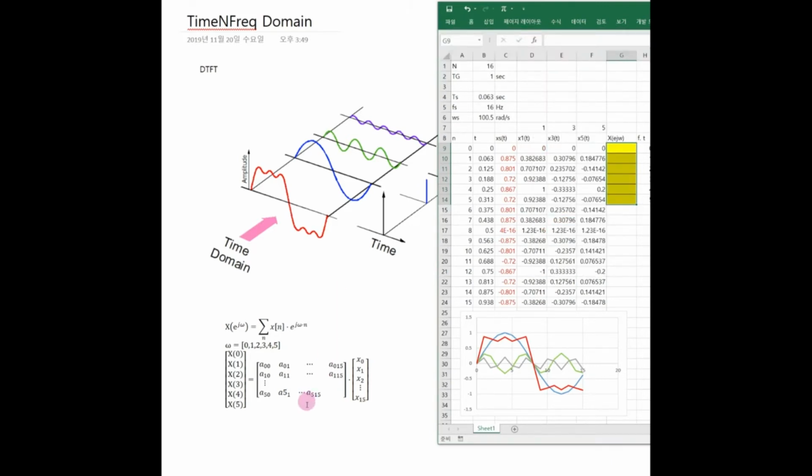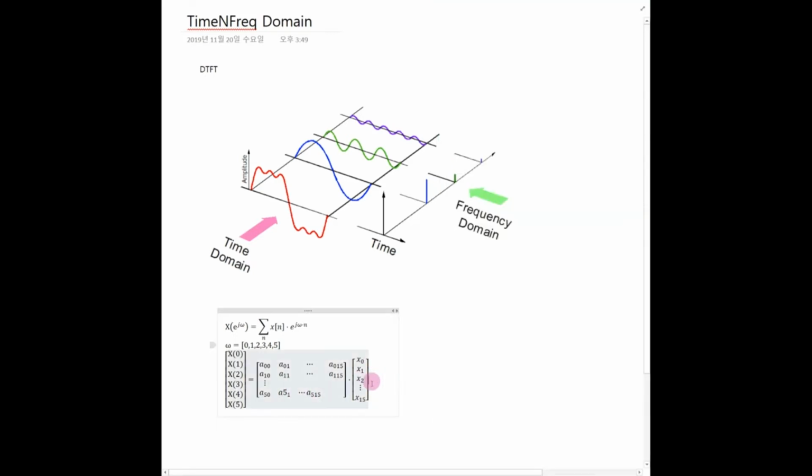So X is given by the basis function times x, like that. By calculating this matrix operation, we can find the spectral contents. What kind of spectral contents do we need? That is given from this matrix.